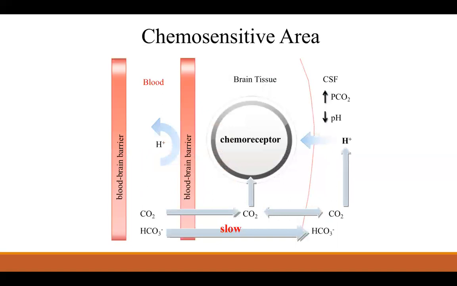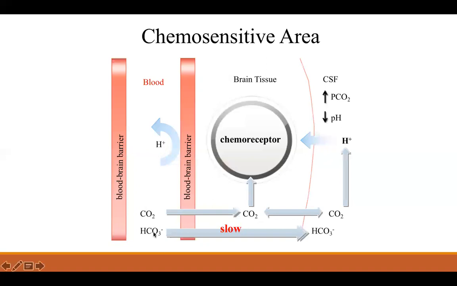And this is where you see the chemosensitive area, and this is supposed to be the medulla, where you would see the sensory area. And what it's trying to show you here is that if you have a buildup of CO2, all right, you know how CO2 can combine with water and then dissociate to become hydrogen ion and bicarbonate ion.